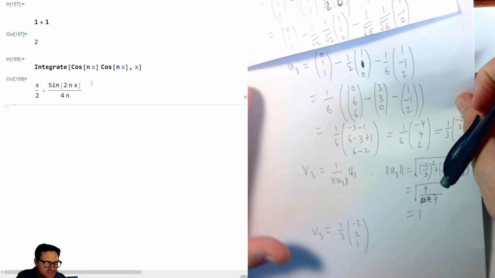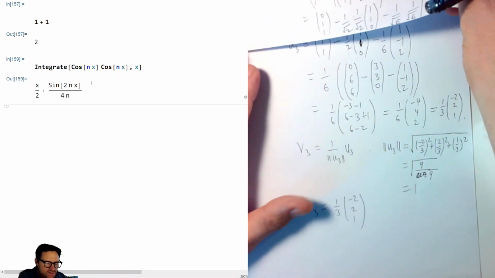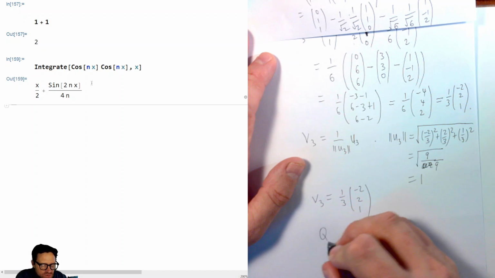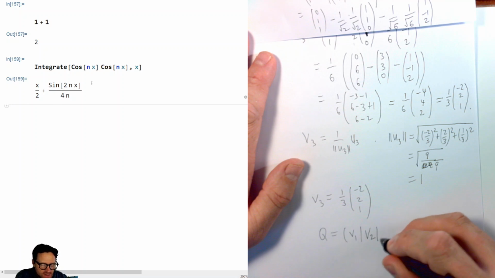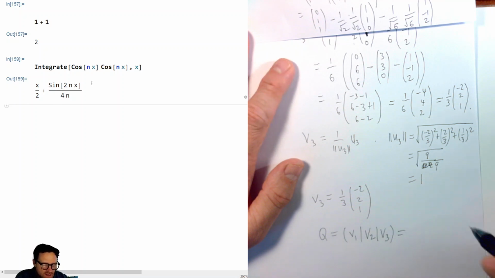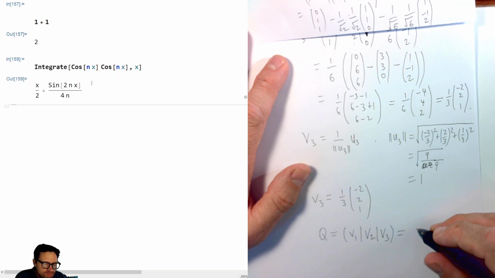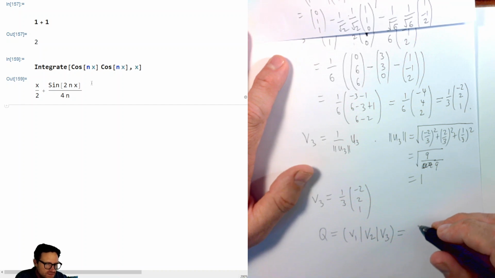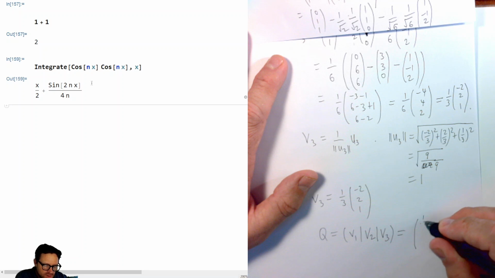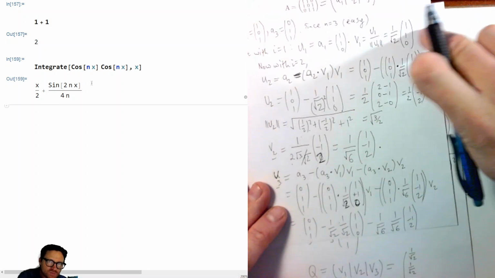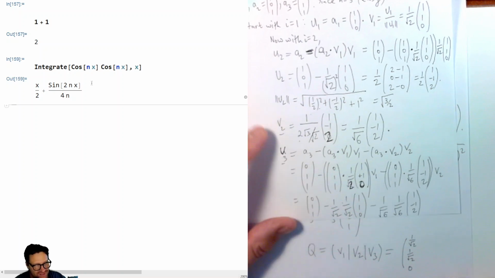Okay, let's concatenate those three vectors together to form the orthogonal matrix Q. So Q is V1 concatenated with V2 concatenated with V3, which is, where did V1 go? Okay, so we've got 1 on root 2, 1 on root 2, 0, when we take this and multiply the 1 on root 2 in.